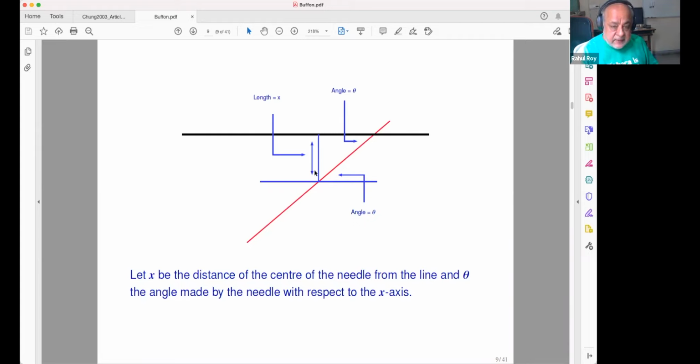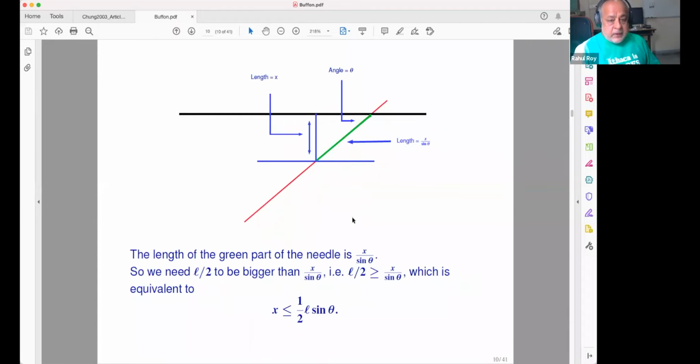And this length is x. Remember that. So because this angle is theta, therefore this angle is also theta, because we know that in parallel lines, these two angles are the same. So this was the picture. The length, so this is the part of the needle from the center to the line. Let me denote this by this green line.